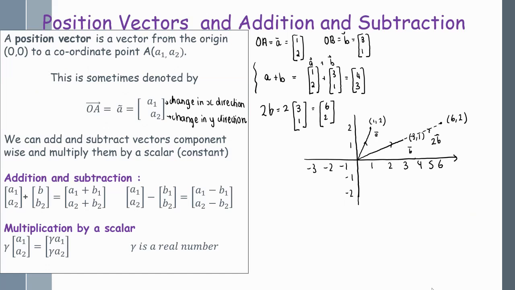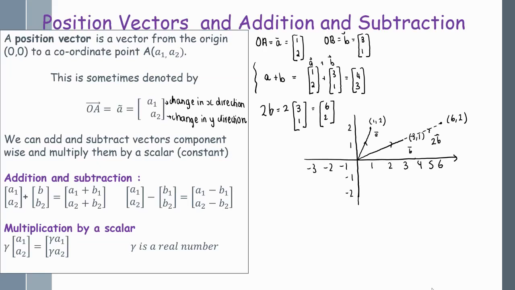So there are a few different types of vectors. We're going to look at position vectors today. A position vector is a vector that begins at the origin, 0, 0, and it goes to a coordinate point such as A, which could be A1, A2. This vector is sometimes denoted either by OA with a hat on top or a little a and again with a hat on top.